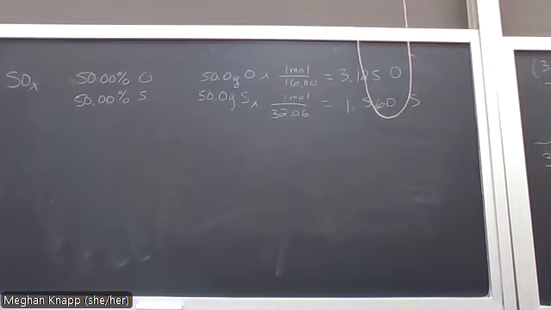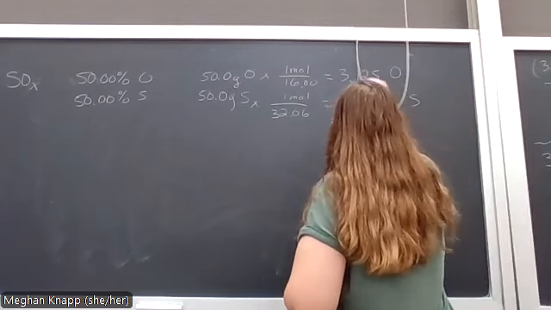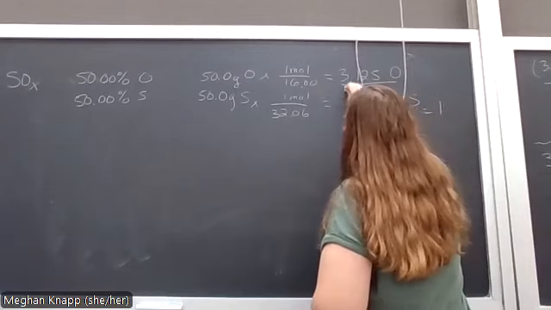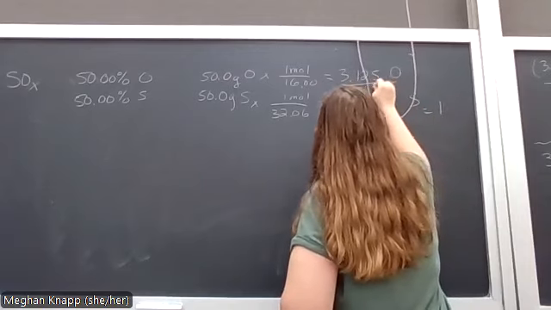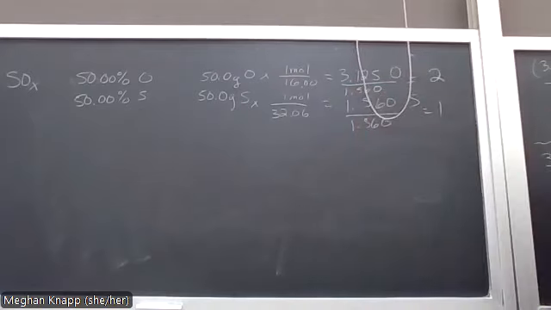Divide each one by the smallest. So I'm going to divide this one, 1.560. That's going to give me 1. 1.560. When I plug that in, I'm going to get 2. And so I would have the formula SO2. Okay, so remember, don't divide by just adding the elements together. Divide by the individual element.